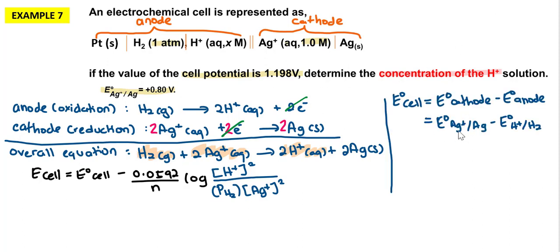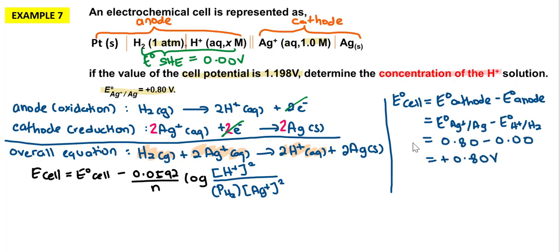Since we already have the E naught half cell of the silver, the E naught half cell of the H plus over H2 is actually our SHE. So the E naught half cell for the SHE is equal to 0 volt. So the E naught cell value for this reaction is positive 0.80 volt.